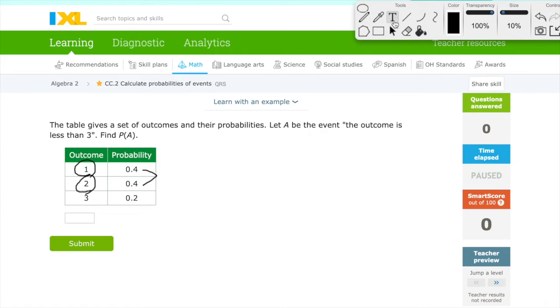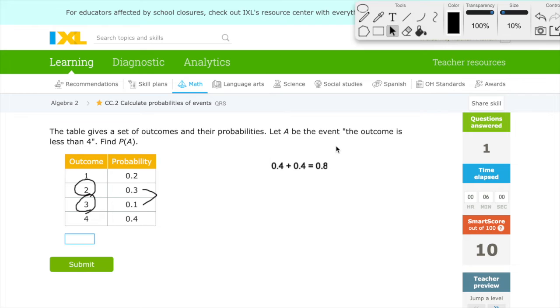So what we need to think about, we could go back to the calculator if need be, is 0.4 plus 0.4. That would give me 0.8. So that's what I'm going to give here, rather than a yes or no. 0.8. Awesome.